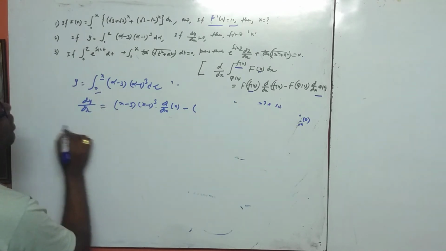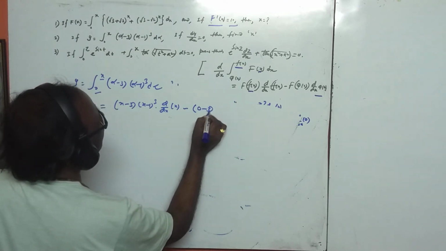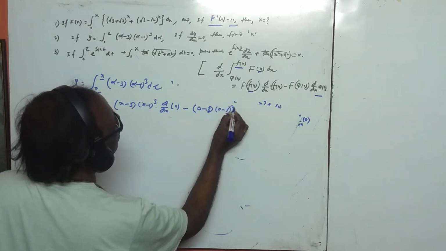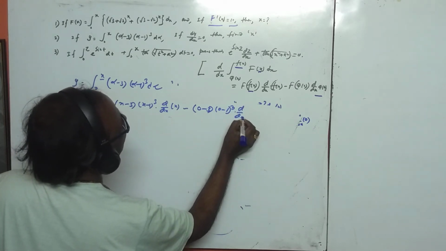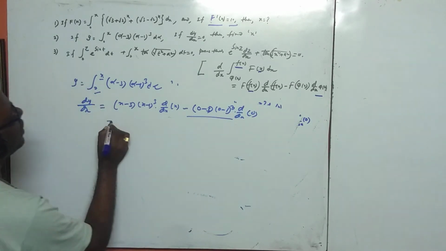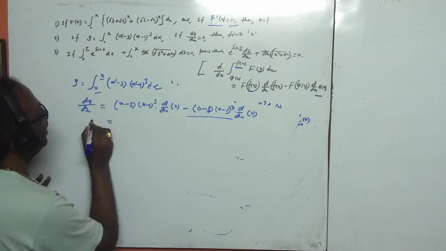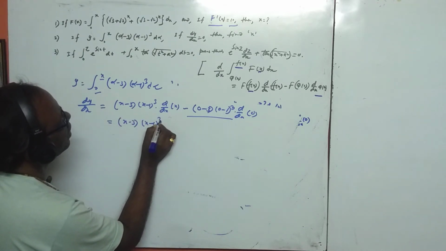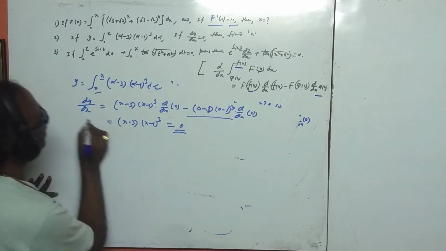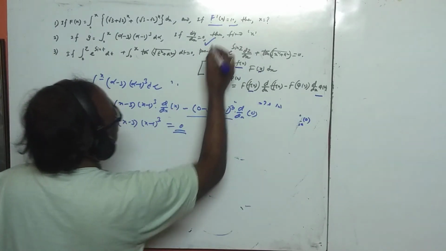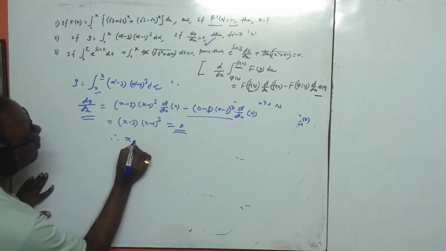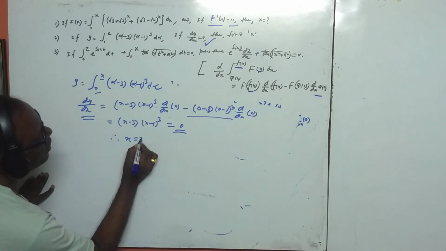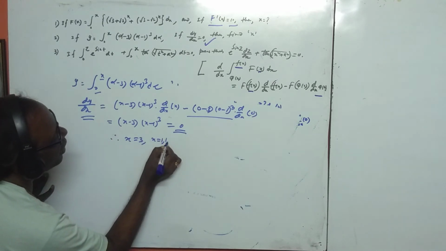Again put the lower limit, that is (0 minus 3) and (0 minus 1) whole cube, and d/dx of lower limit, that is 0 here. So given that (x minus 3) and (x minus 1) whole cube is equal to, given that dy by dx is 0. Okay, so apply the rules: x is equal to 3 and x is equal to 1, 1, 1.